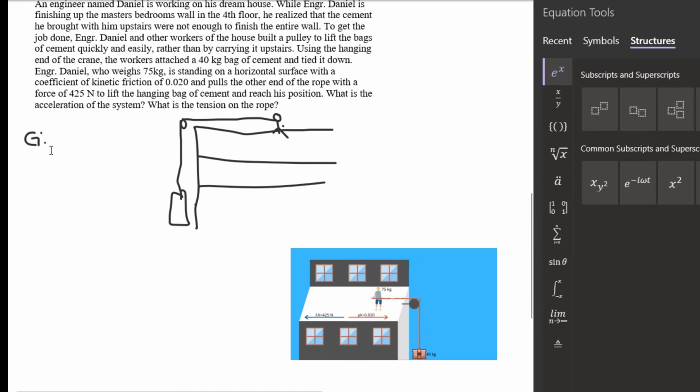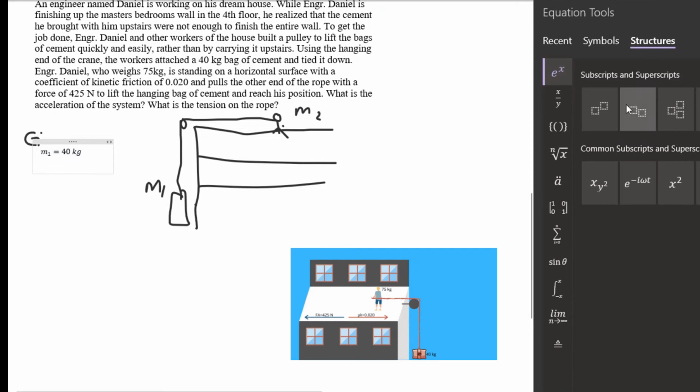So the given values are first the mass sub one. Let's set that mass sub one is the hanging object. So let this be the mass sub one, or the hanging object. Then Engineer Daniel is the mass sub two. Mass sub one, the hanging object, weighs 40 kilograms.